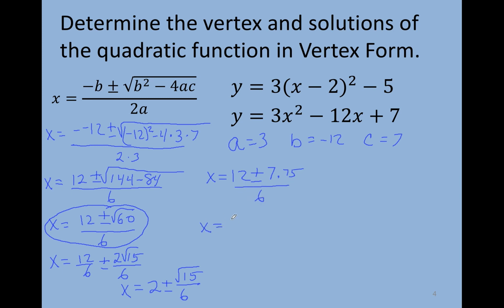Two answers: 12 plus 7.75 over 6, which is x is about 3.29, and then x is equal to 12 minus 7.75 over 6, so x is about 0.71. Okay, so there are the two solutions in vertex form.